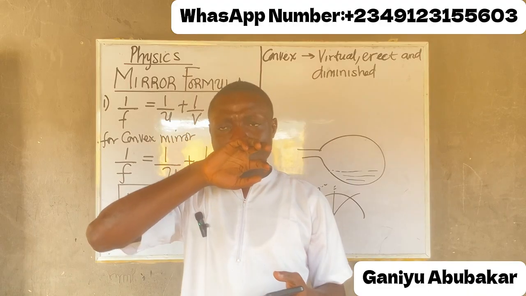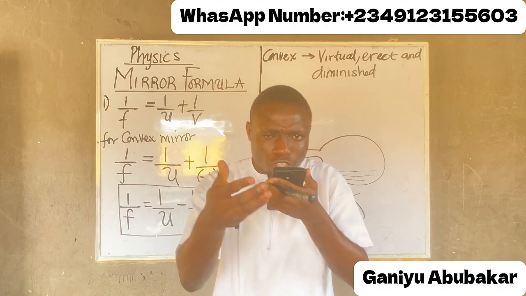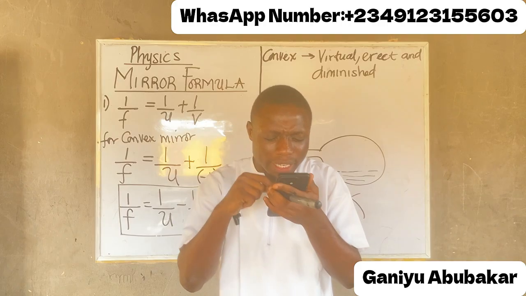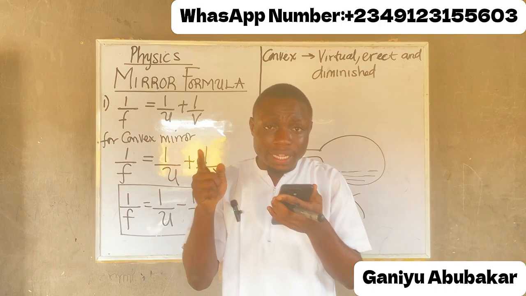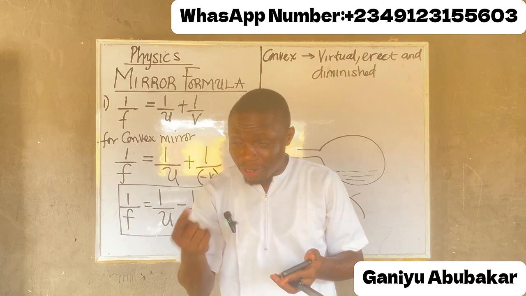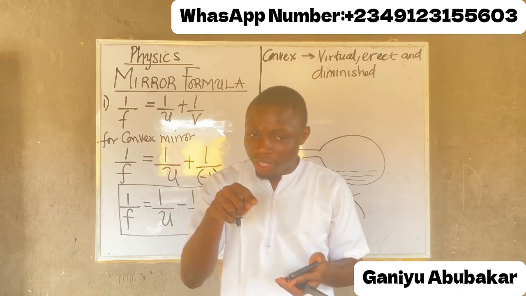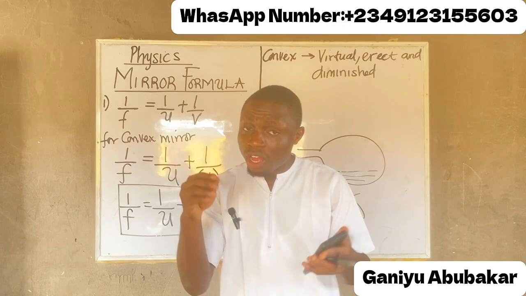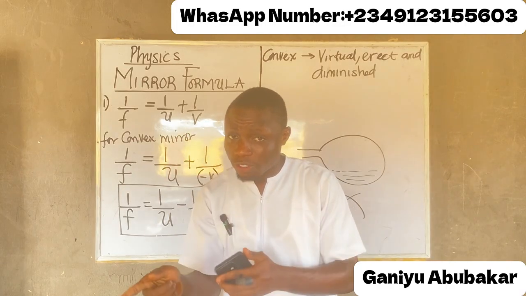Those that have short-sightedness, when they look at a phone they start saying they can't see easily, right? They'll go to doctors to get glasses, right? That glass, I'm asking you now, is it a concave or a convex lens?